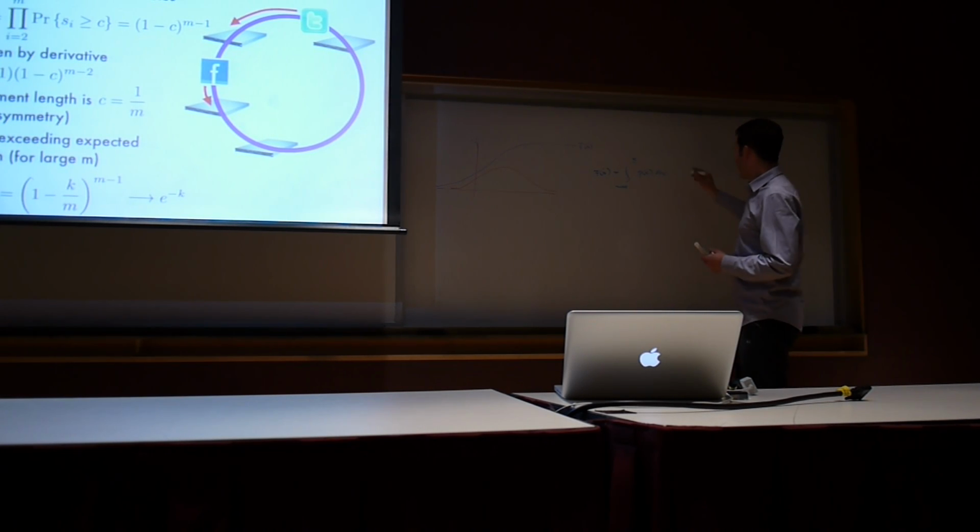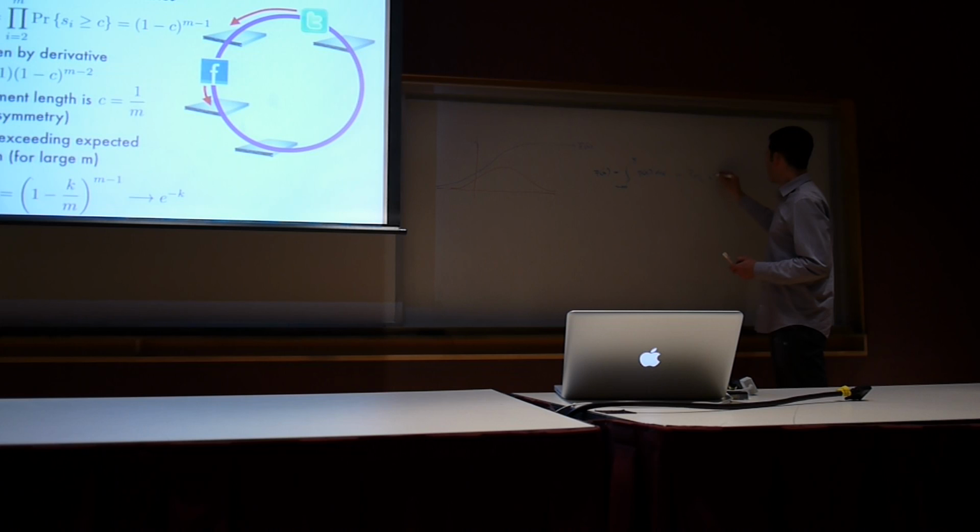Now, this of course is also equal to the probability that x prime, which is a random variable drawn from that distribution, is less equal than x.